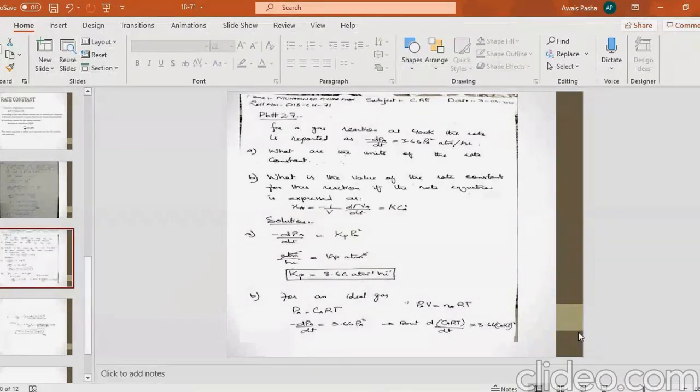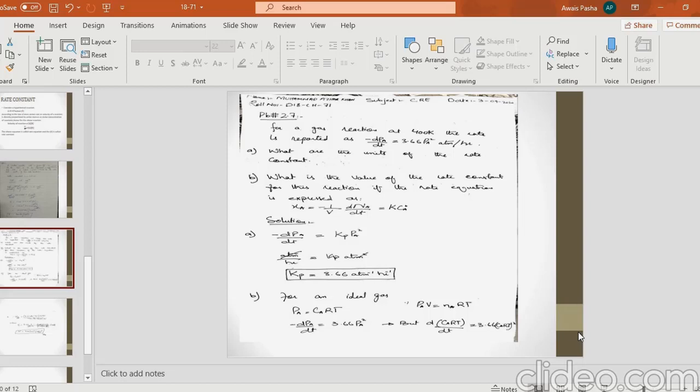The next problem: for a given gas reaction at 400 Kelvin, the rate is reported as the negative rate of change of pressure with respect to time is equal to 3.66 pressure square, partial pressure square, atmosphere per hour. What are the units of the rate constant?